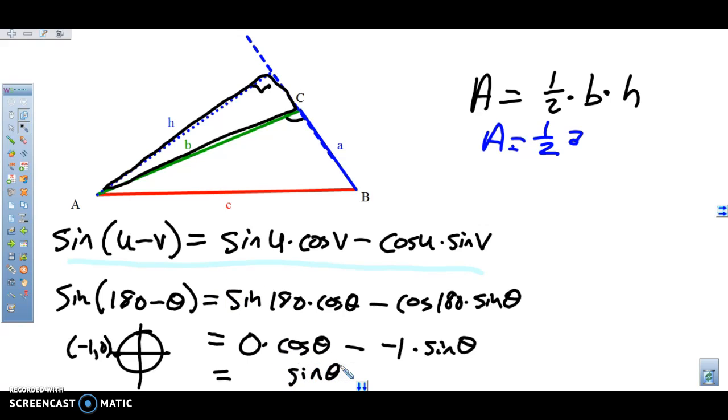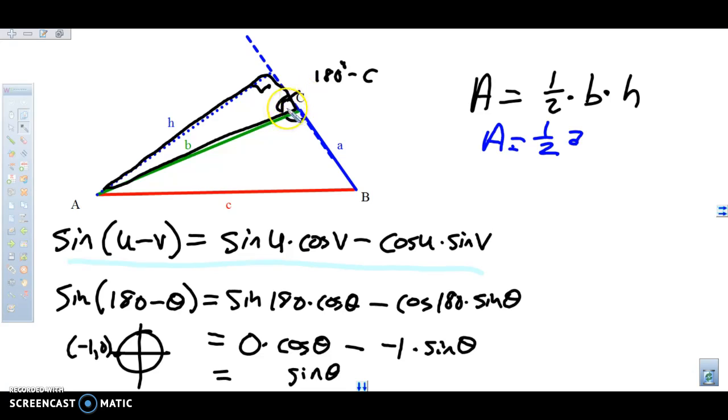So what I'm trying to show there is that if this is C, we take a look at this angle right here, and although that second angle is 180 degrees minus angle C, because I have a linear pair there, in reality, the sine of that is going to be the same.